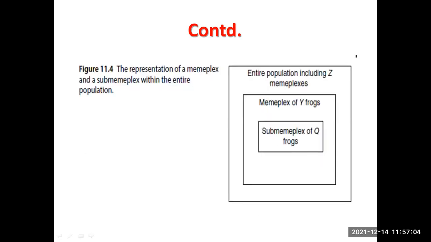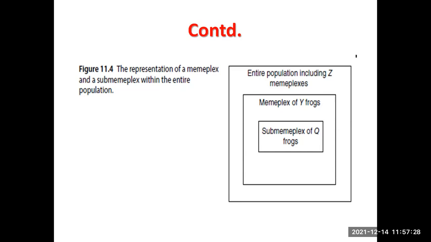Now let us understand what we have just discussed, the distribution of these frogs among the sub-memeplexes. So this bigger rectangle is the entire population, including all the memeplexes, the gen number of memeplexes.